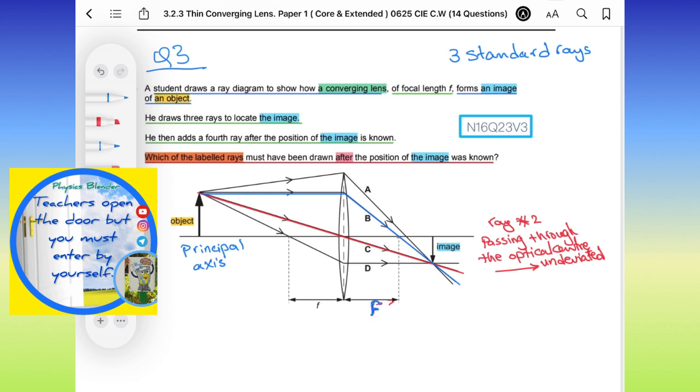So this point is the focus, and the distance between the focus and the optical center is the focal length. And we have another focus on the other side also, and f is the focal length.